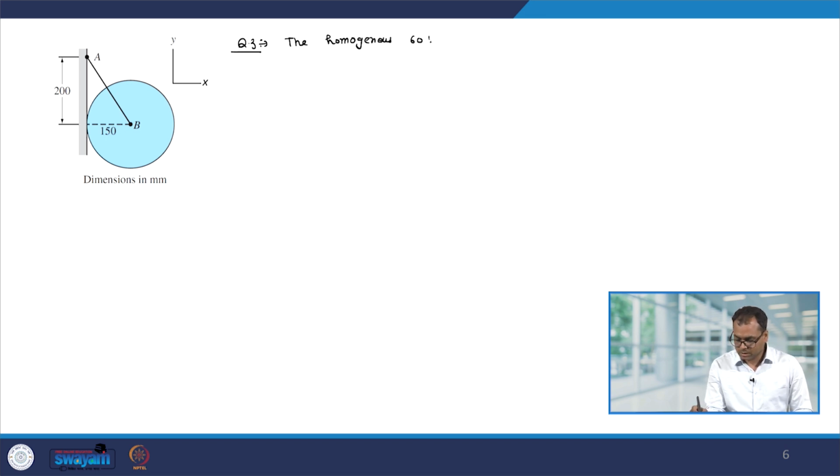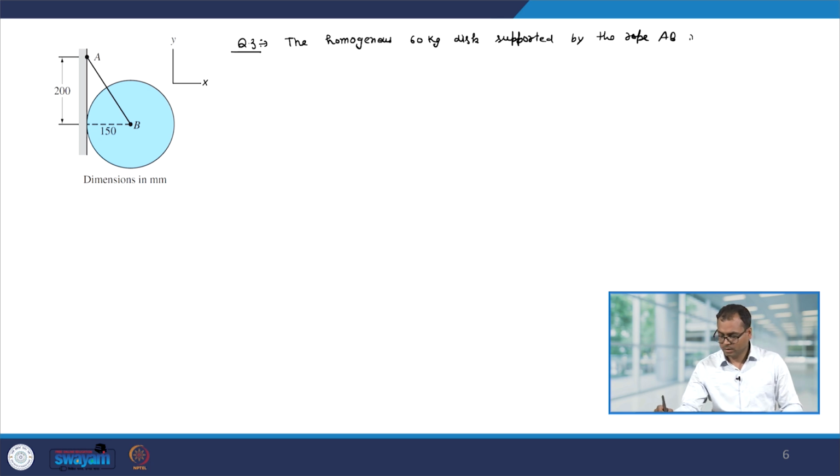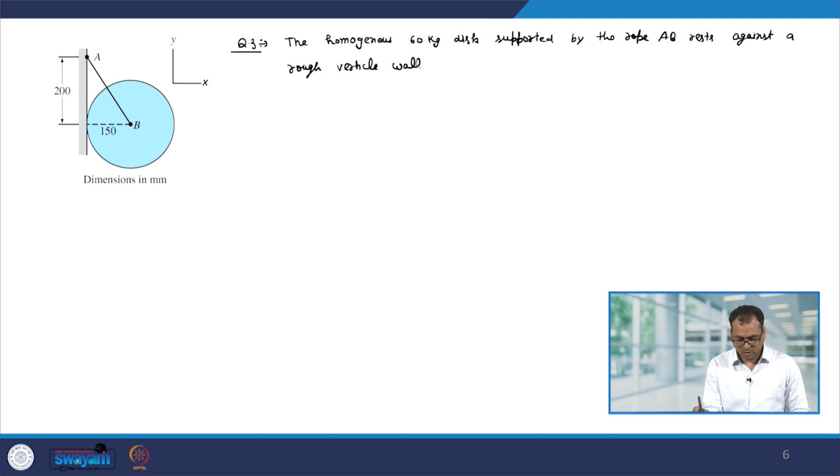The homogeneous 60 kg disc, supported by the rope AB, rests against a rough vertical wall.